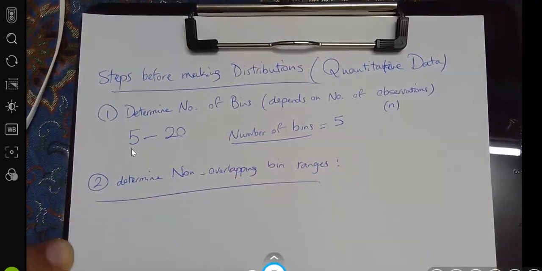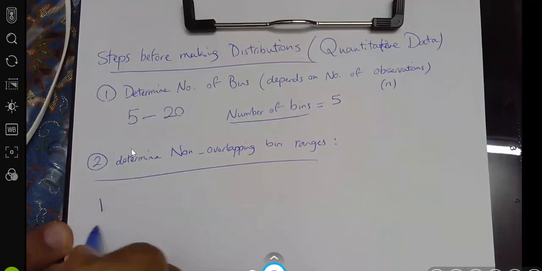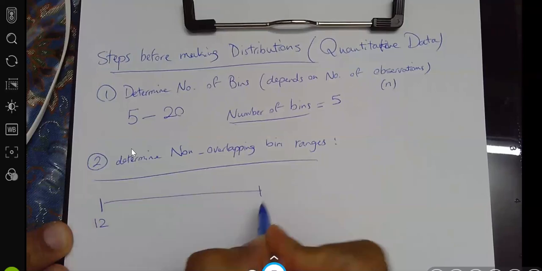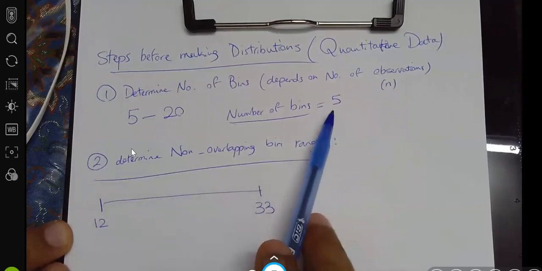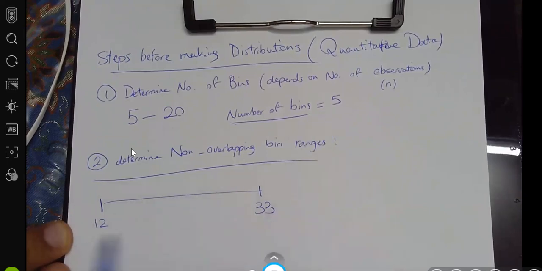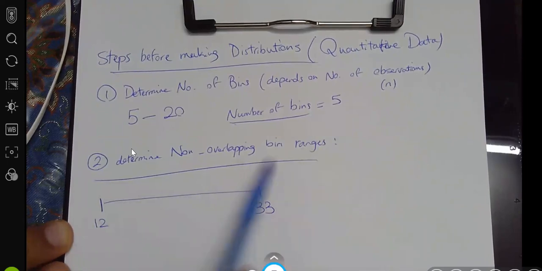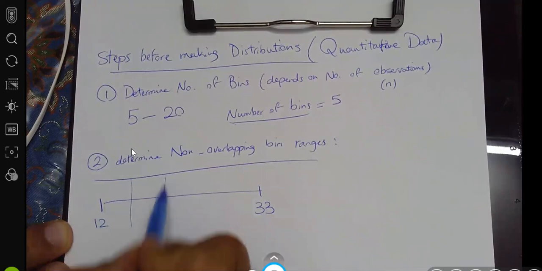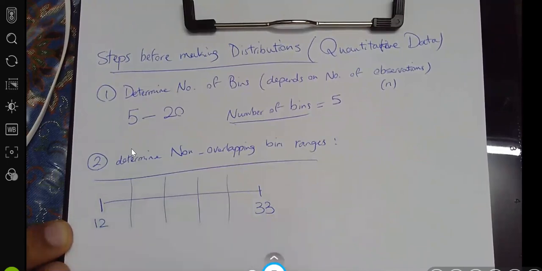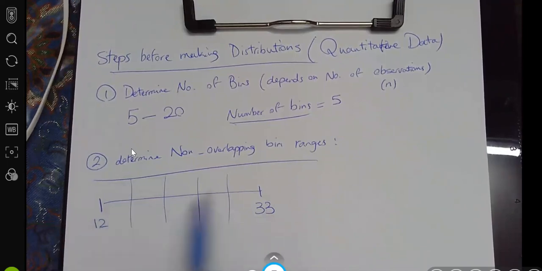We have data from 12 all the way to 33. And like we already decided, we're gonna divide this range into 5 equal non-overlapping groups, 1, 2, 3, 4, and 5. And they should be equal, right? This is how we establish the bin range.